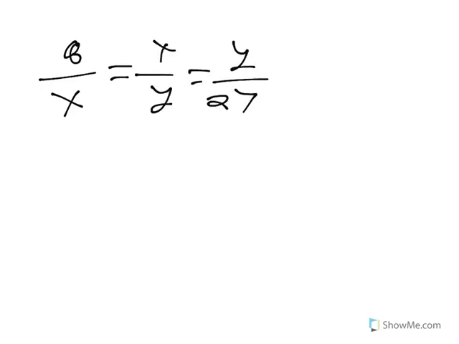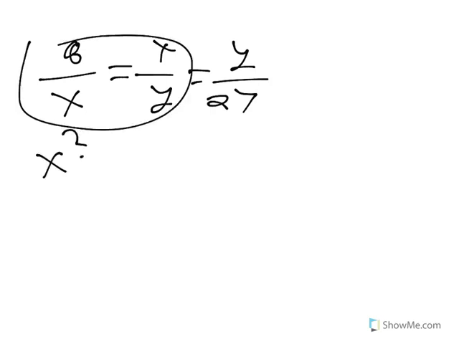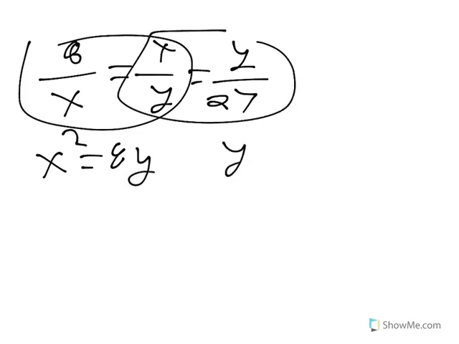2 mean proportionals is when you have to find an x and a y that solve something like this. And the easiest way to do it, algebraically, is to cross-multiply these, 27x. Divide both sides by 8.